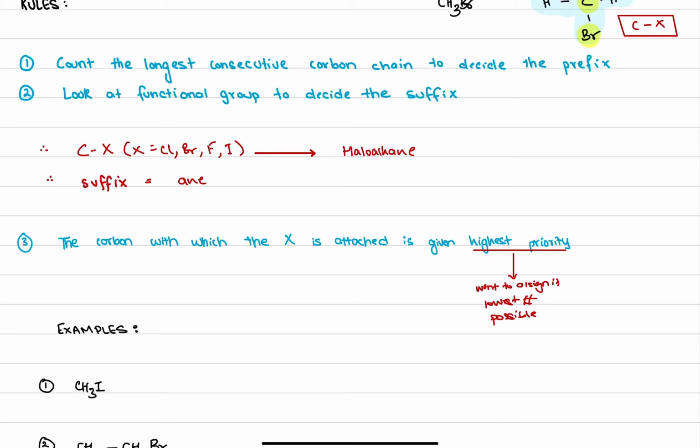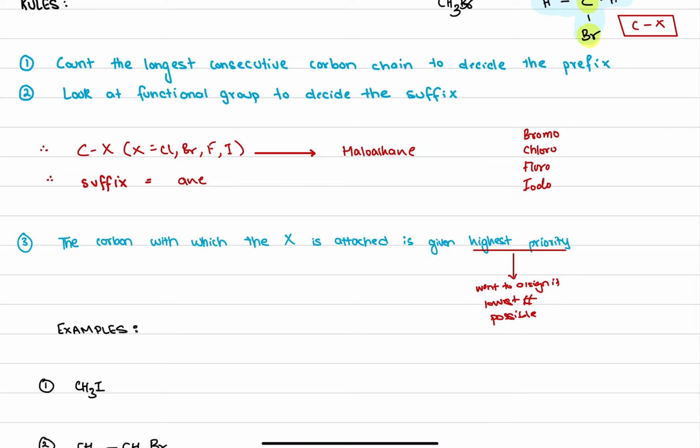However, the prefix is slightly different, and I wouldn't actually say prefix. I would just say that there is some part that we need to add before we can name the molecule. For now, I hope you already have these names in mind: bromo, chloro, fluoro, and iodo.